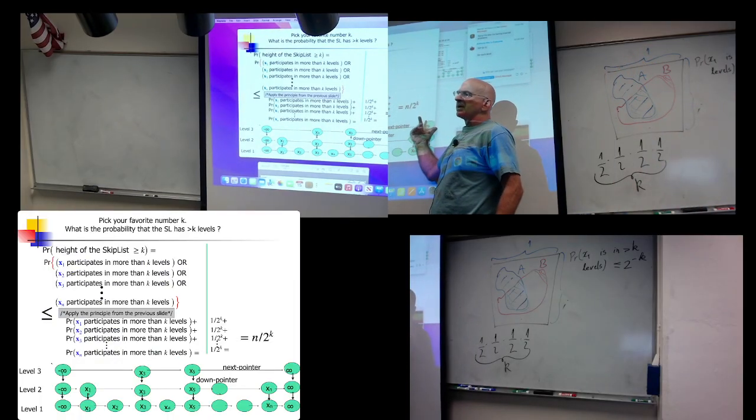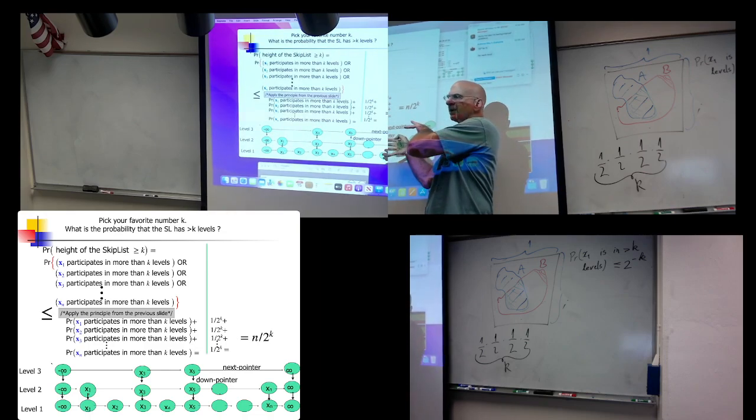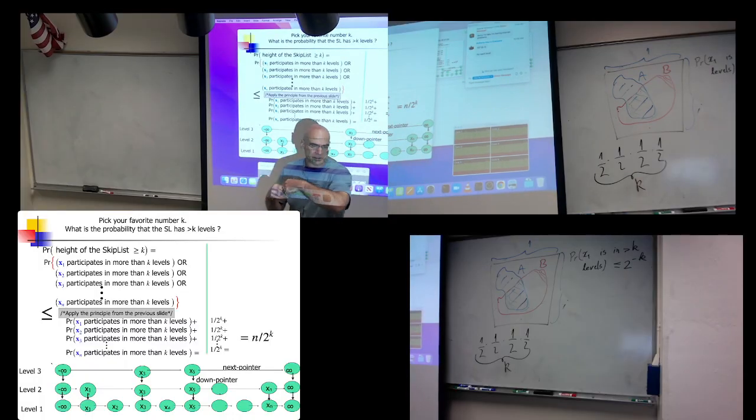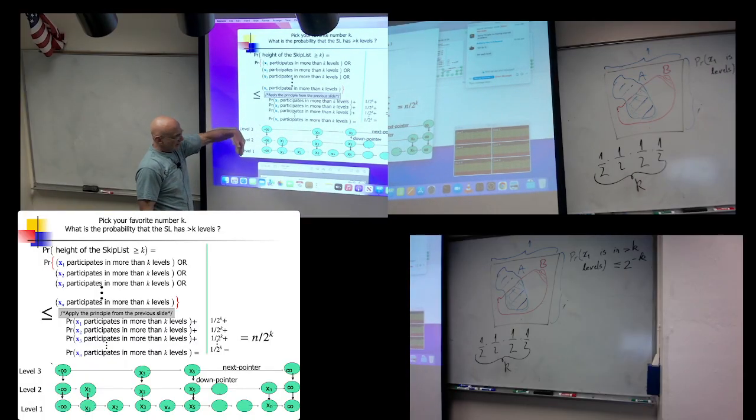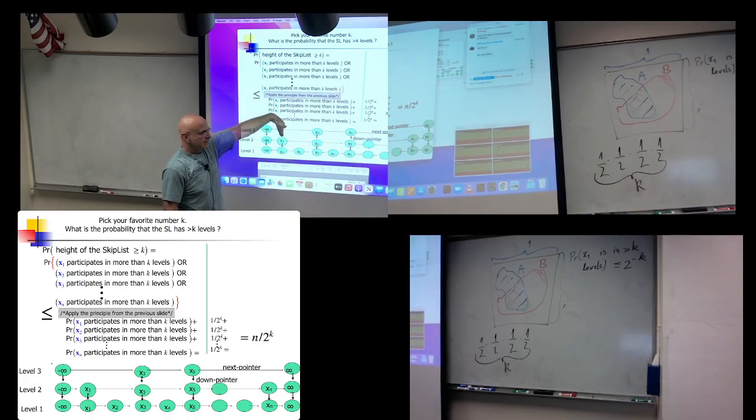But for this, I need to ask what the expected probability is, and now I'm messing with a lot of variables, and I have no idea how to compute it. So that was too complicated. Instead, I asked, for a single element, a single key, what's the probability that the single key is misbehaved?